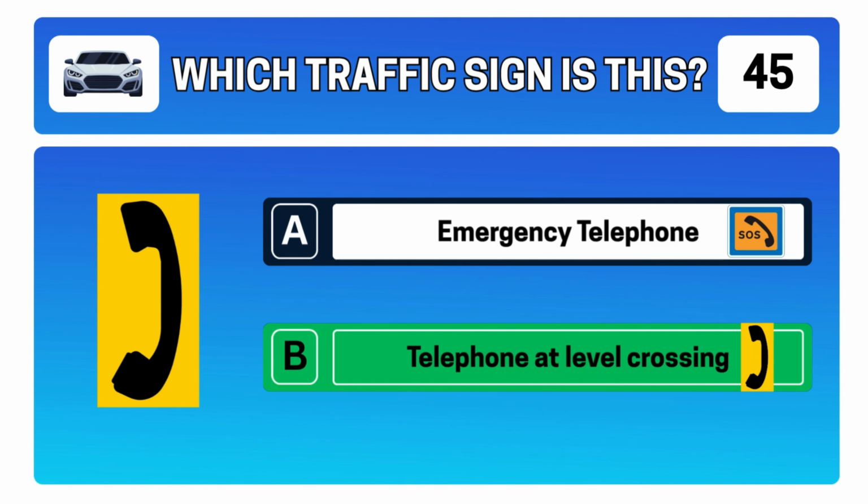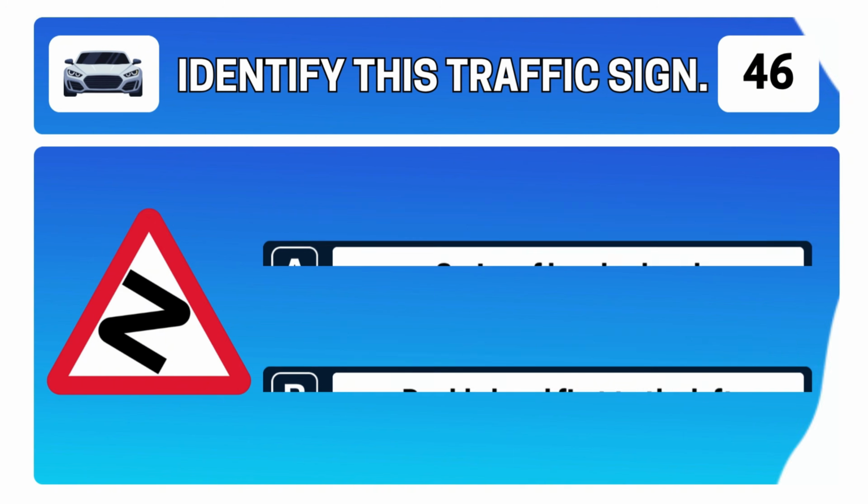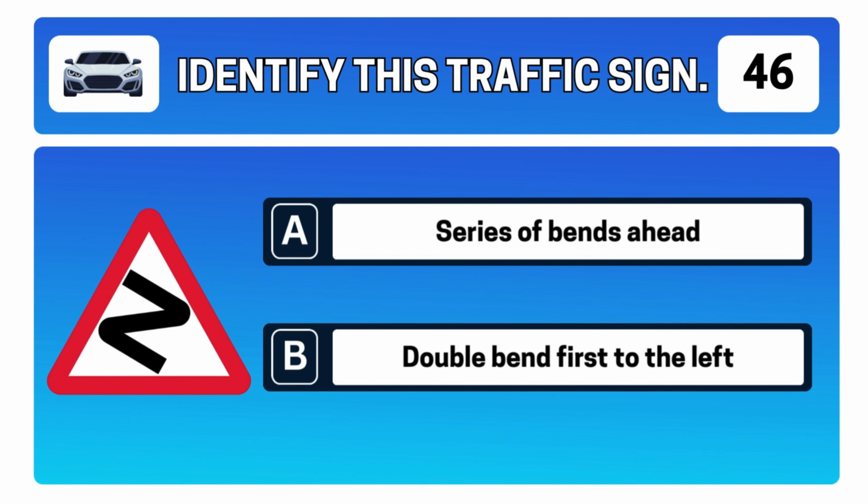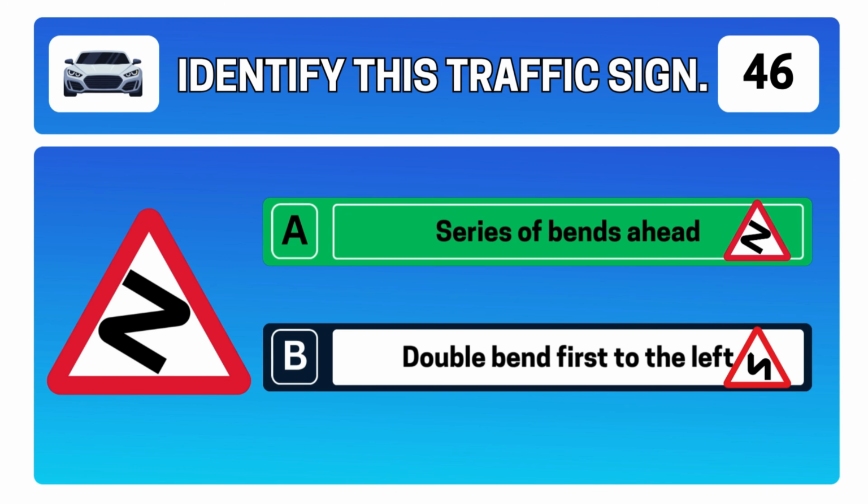Perfect. It is the telephone at level crossing sign. Identify this traffic sign. A. Series of bends ahead. B. Double bend first to the left. Good catch! It is the series of bends ahead sign.